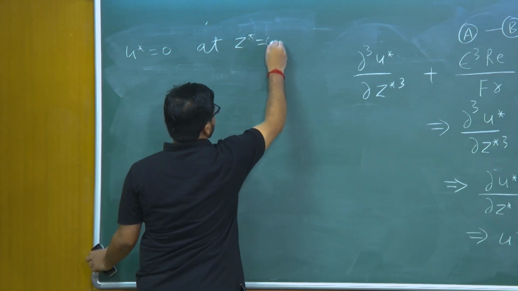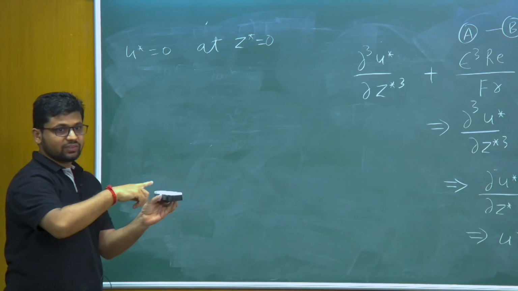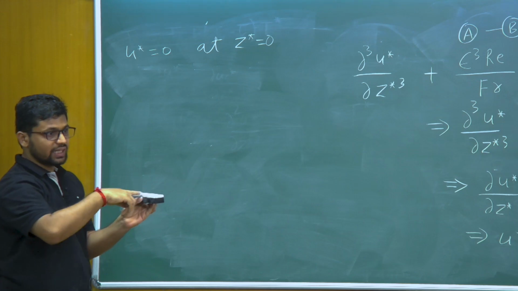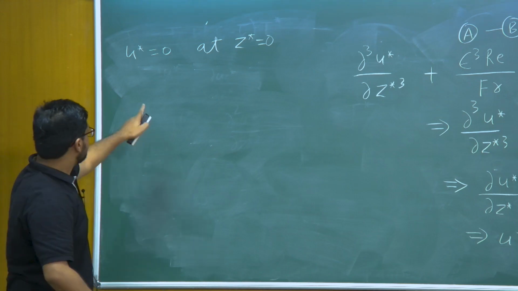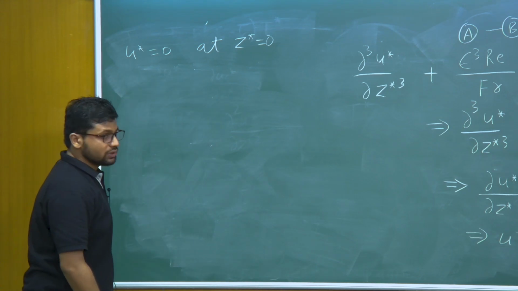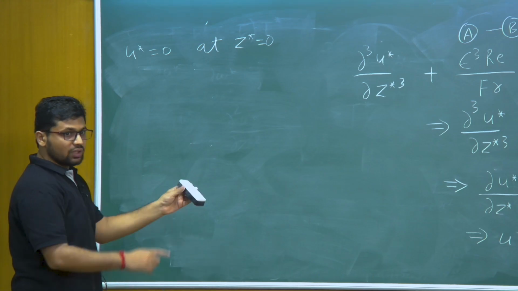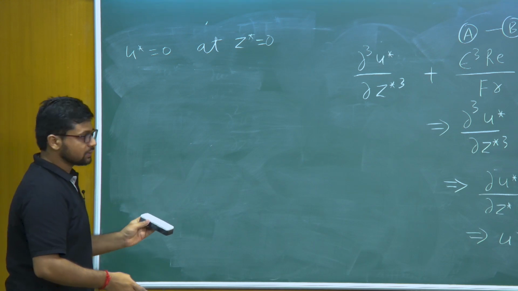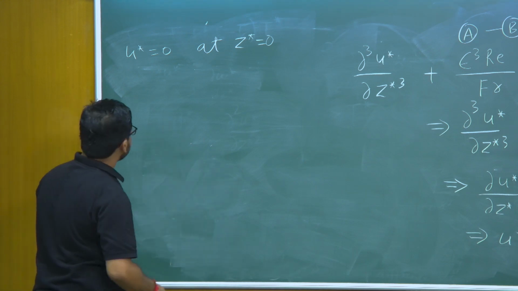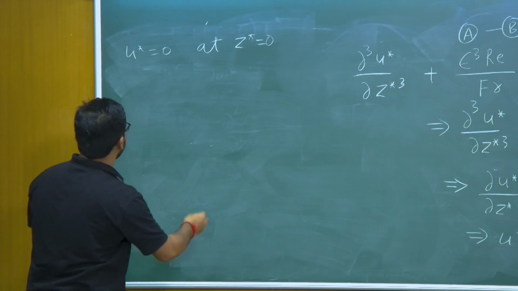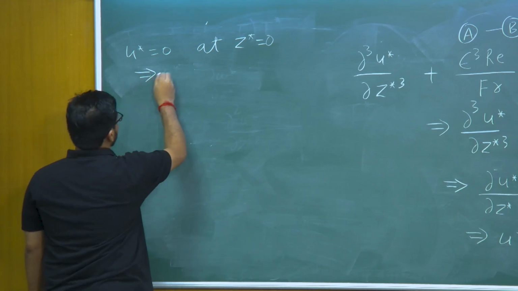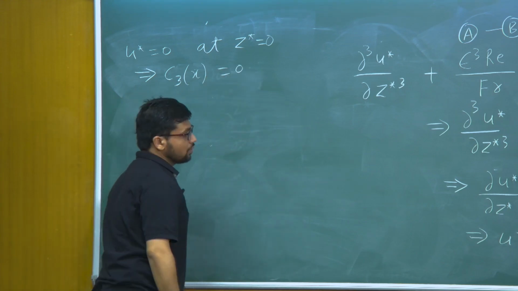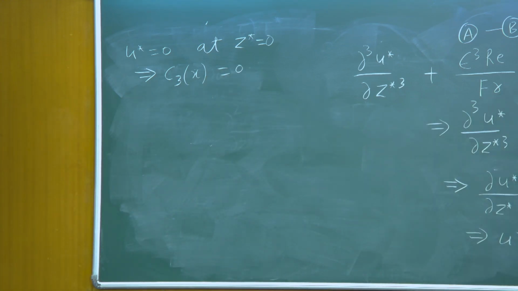Why this one? Because the lower surface, the iris surface, is a solid wall, so the no slip condition is satisfied on that wall. Both walls are solid, so they satisfy no penetration and no slip conditions. If you put z* equal to 0, you will get C3 equal to 0. So, C3 will be 0 here.